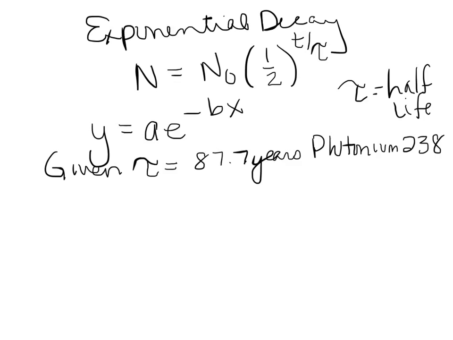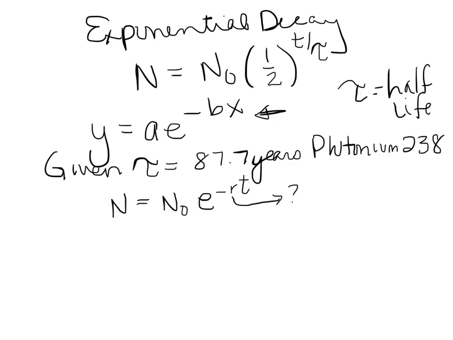What I want to do is write this in a more N equals N naught e to the minus rt format. Same idea as this one up here. I've just decided to use t instead of x and r instead of b for my variables. But I'll need to find this value of r, and I'll need to figure that out from the half-life.